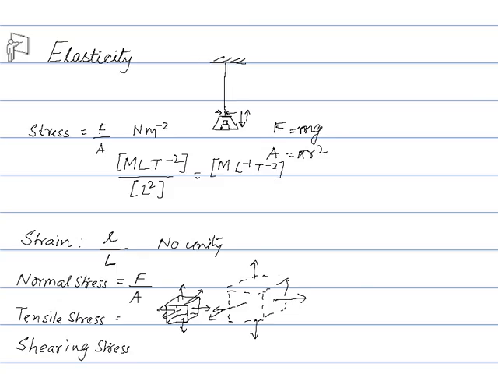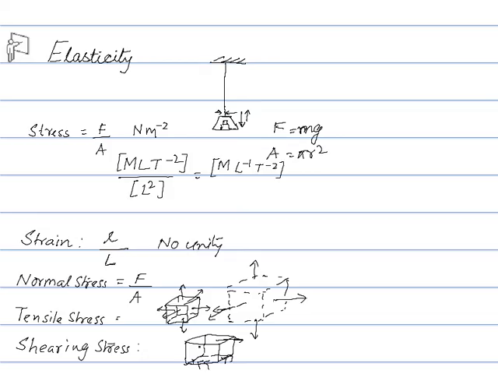What is shearing stress? It is the force per unit area of the surface to which the force is parallel and producing a change in shape. Suppose there is a block, and this block is fixed. The bottom surface of this block is clamped, and let us apply a force parallel to the top surface.